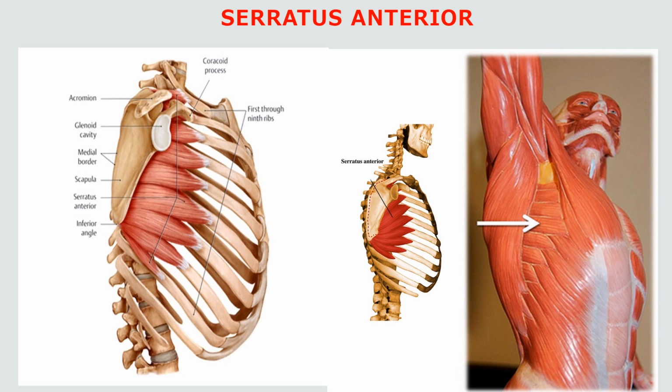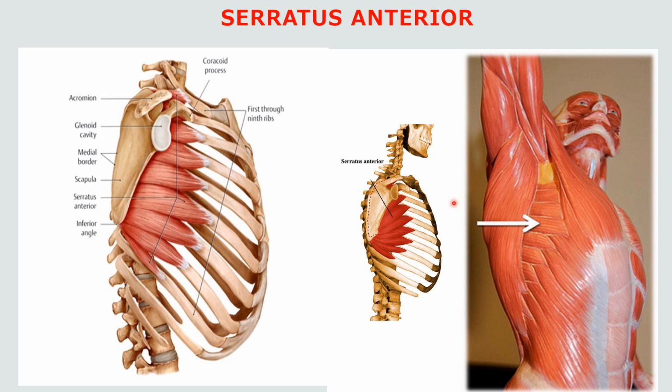The second and third digitations are inserted to a narrow slip along the medial border of the scapula. The remaining 4 or 5 digitations are inserted into the triangular area at the inferior angle of the scapula. So this is about the insertion of the serratus anterior.